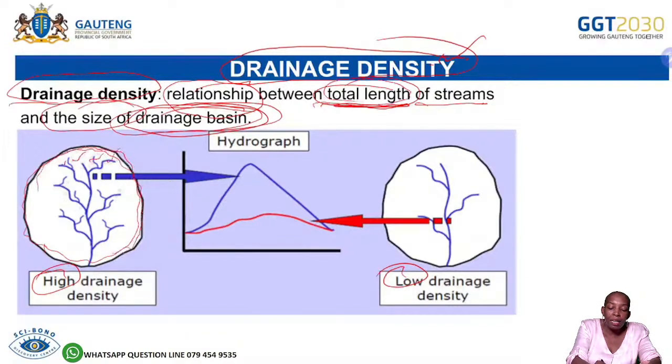So the total length of all the streams here divided by the size of the drainage basin would give us what we refer to as the drainage density.